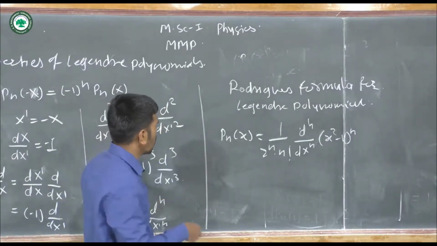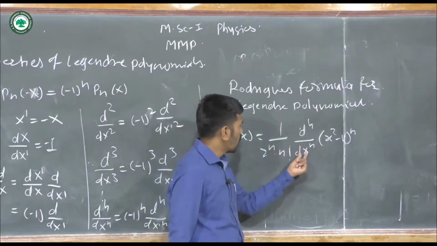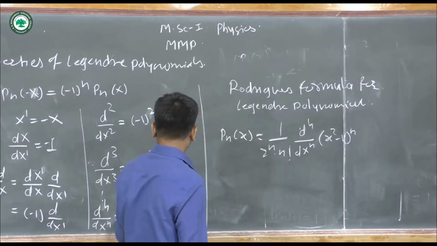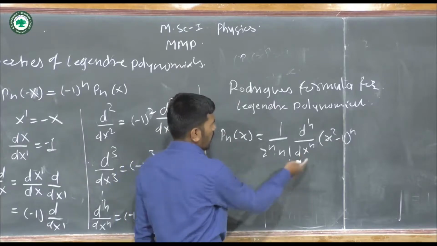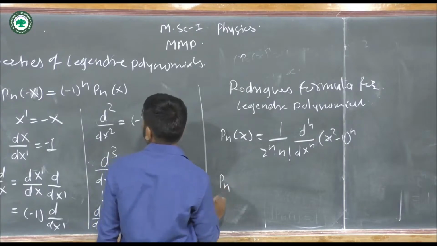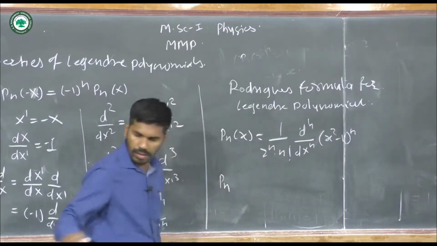Now in this Rodrigues formula, I replace d power n by dx power n with these things, and also I replace x with x prime, so it is Pn with minus x.